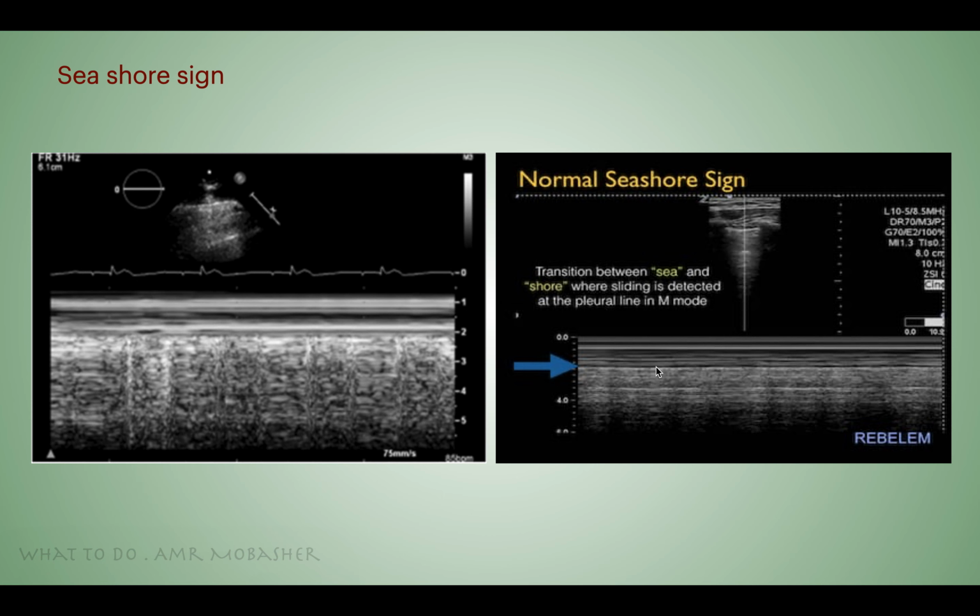If we imagine that there is a pneumothorax, so there is air between the two layers of pleura, taking the lung away, the whole view will be like the sea, like this. There will be no seashore sign. We'll discuss that later in pneumothorax. Seashore sign.